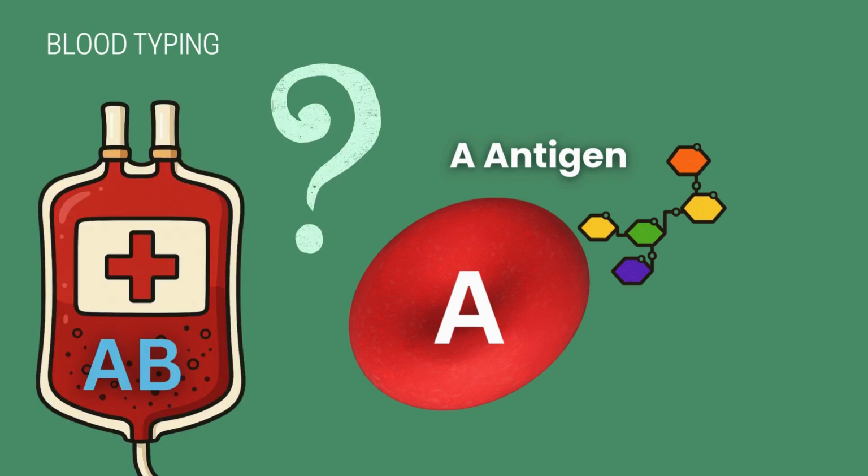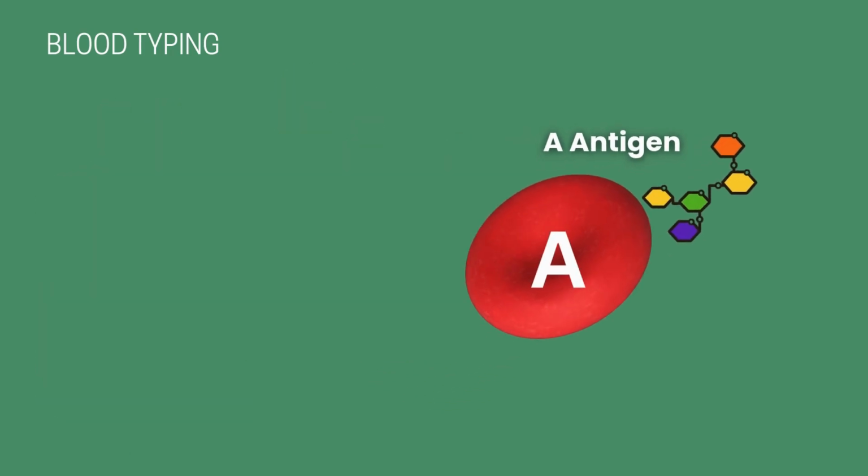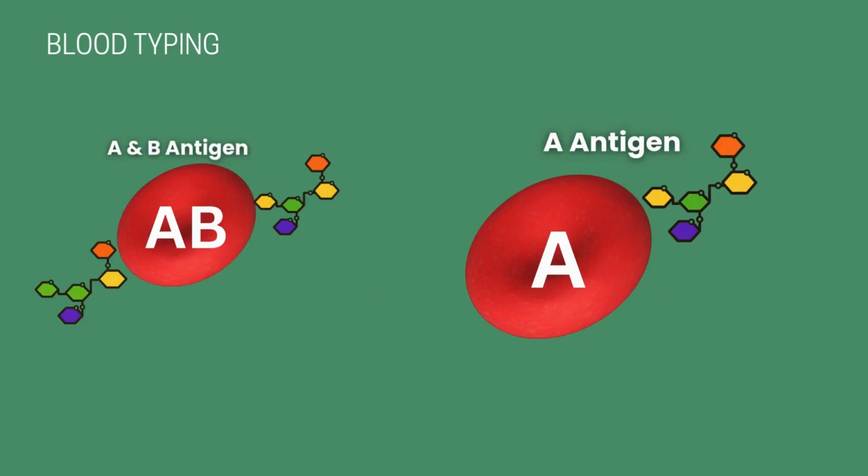Will this work? Let's take a look. The type A patient has type A antigens on the surface of its red blood cell. The person with type AB blood has both A-type and B-type antigens on its blood cell. The A-type portion will not cause a reaction in the patient, but the B-type found on the cell will be recognized as foreign and the blood will agglutinate.